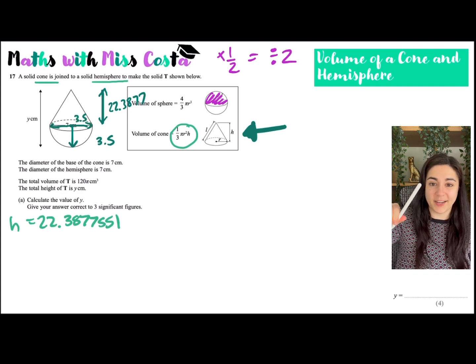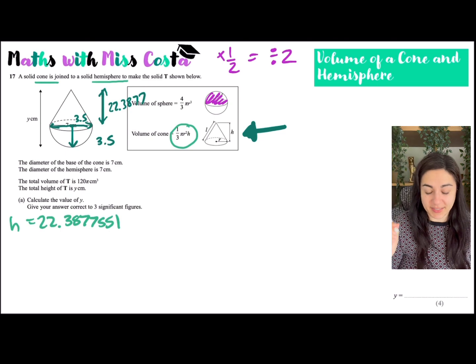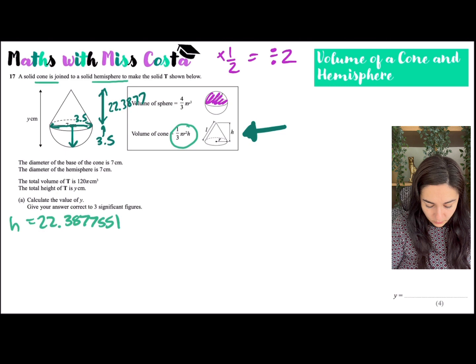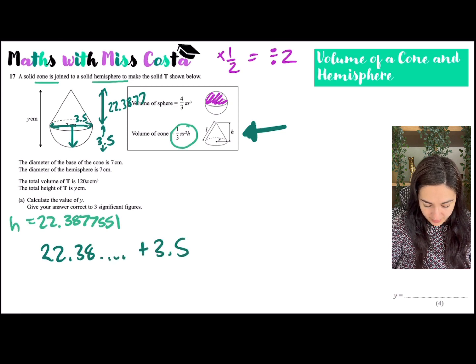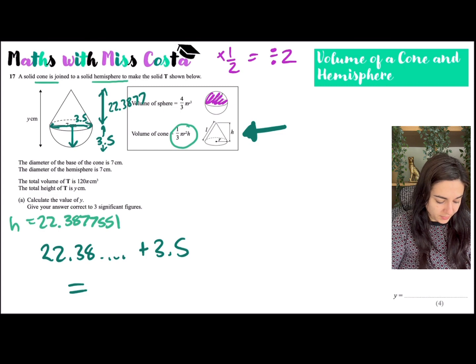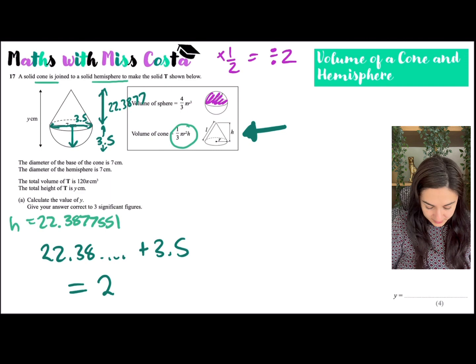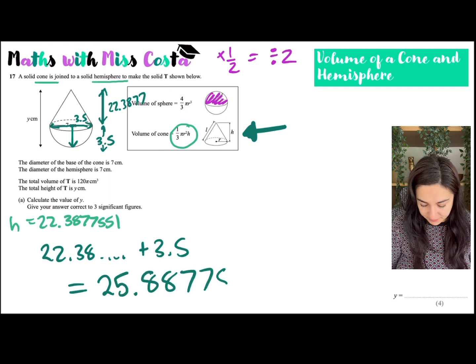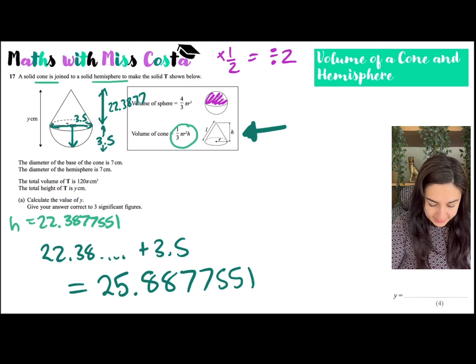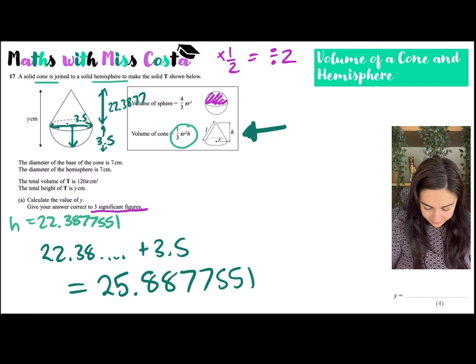And remember, a radius can go in any direction as long as it starts from the center of the circle. So the total height, the total of y, is going to be H, which is 23.38 plus 3.5, which leaves me with 25.887751, and it says give your answer correct to 3 significant figures.